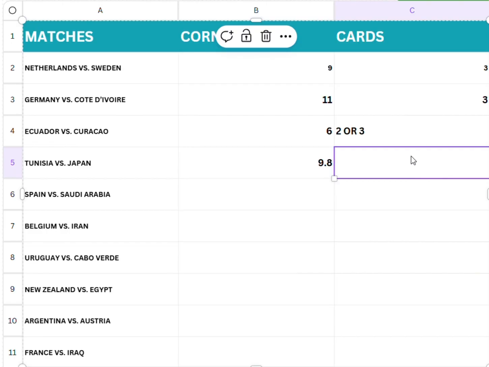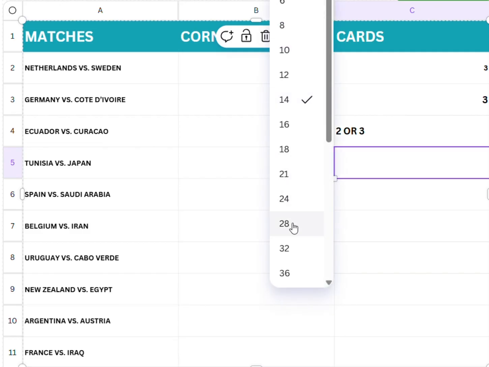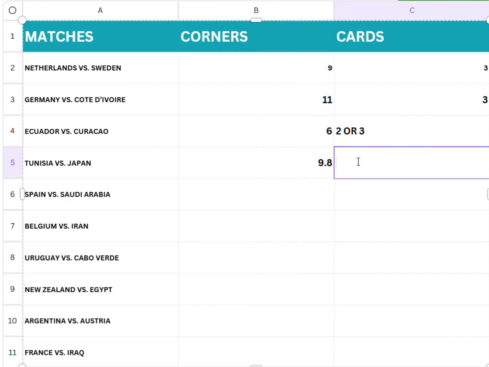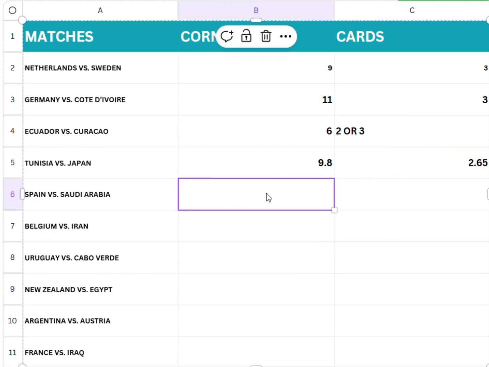Cards, Tunisia 2.3, Japan 3. So 2.3 plus 3 is 5.3 divided by 2, 2.65.